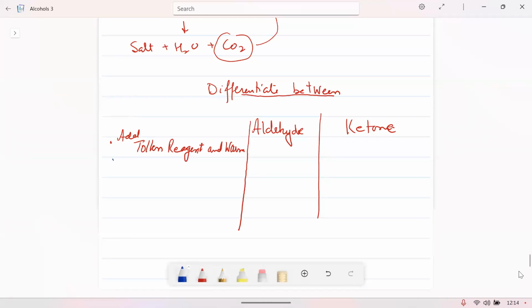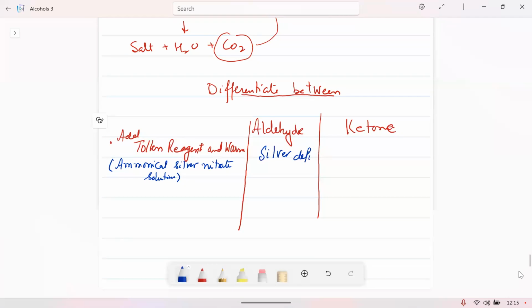Now, what is Tollens reagent? If you want to know, it is simply ammoniacal silver nitrate solution. How to make it? Again, that is for A2 level. You will observe silver deposits in the test tube.